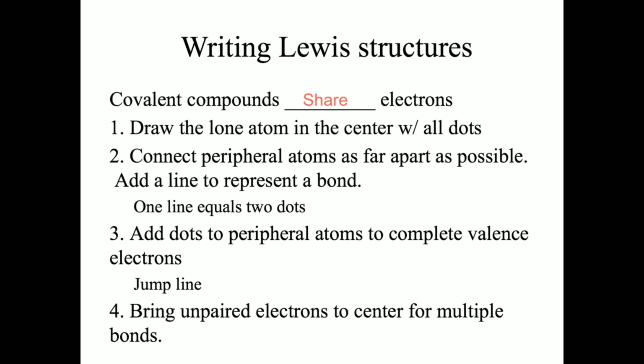You should always begin by drawing the lone element, the element with no subscript, first in the center, with all of its valence dots. Connect the other elements on the outside or the periphery. You want to make them as far apart as possible, as they are carrying electrons, and electrons are negative and repel each other.